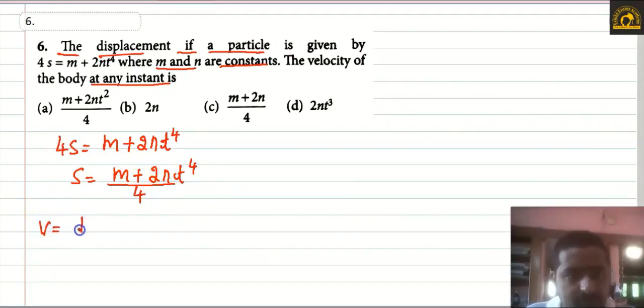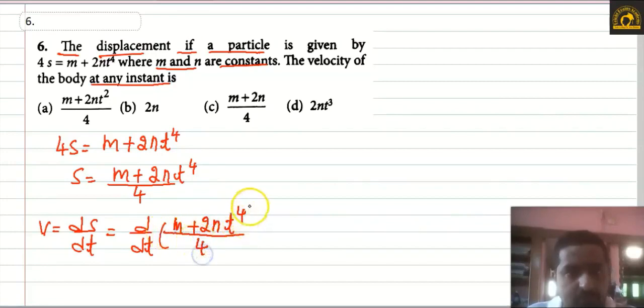So velocity is equal to the rate of change of displacement, ds by dt. That is equal to d by dt of s. The s value is (m + 2n t^4) divided by 4.